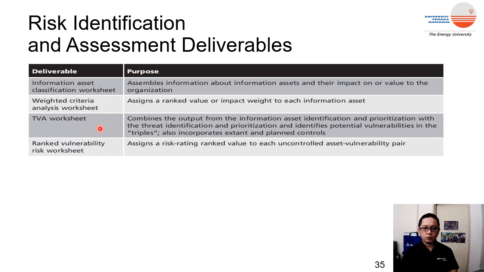Then the TVA worksheet: you want to combine the output from all the assets, threats, and vulnerabilities that you have identified. And then the ranked vulnerability: you want to assign a certain value to the vulnerability that you identify, in terms of its contribution to the success of the threat.